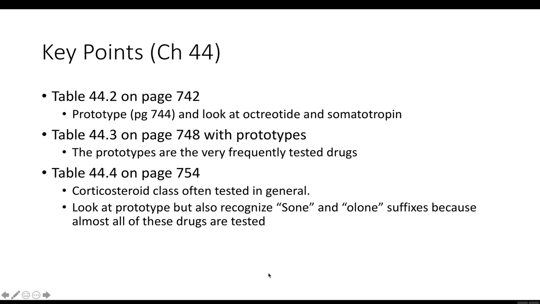Big one with this is use with IV radiographic contrast can cause lactic acidosis and acute renal failure. Make sure you understand that. Make sure you're looking at that. It's a very, very important aspect of administering this medication. So again, make sure you're looking at that.